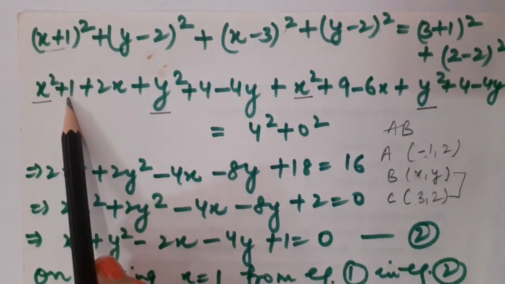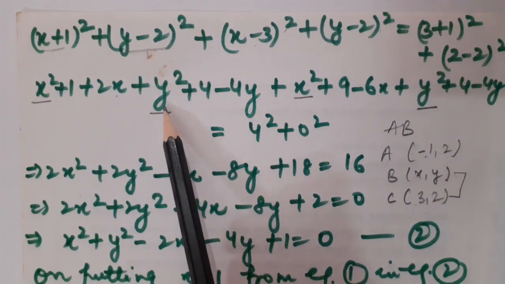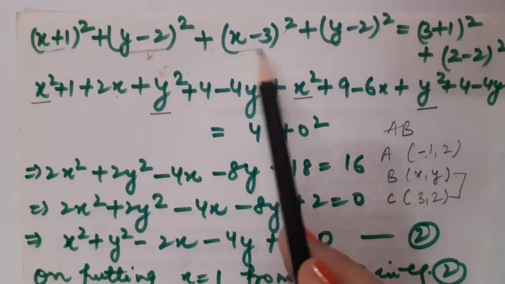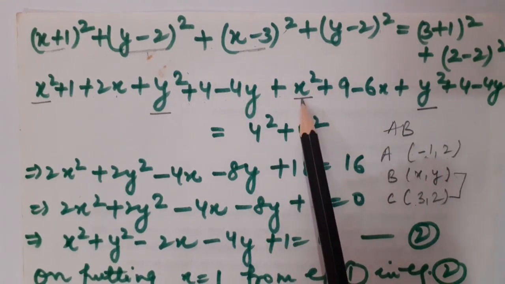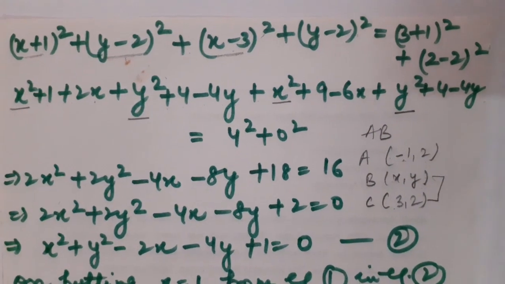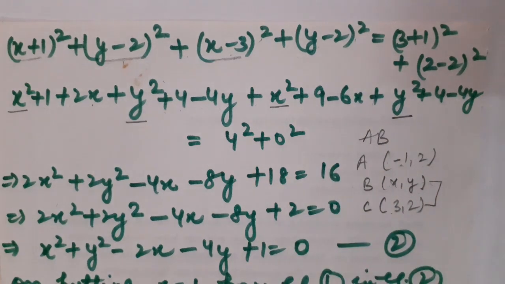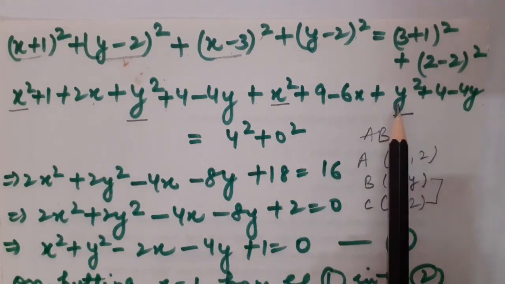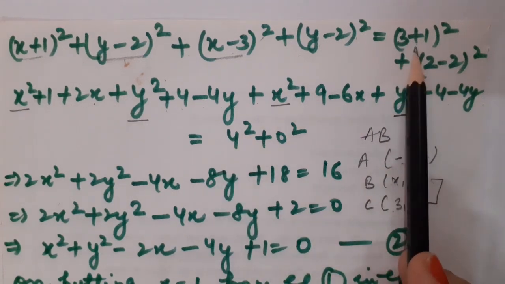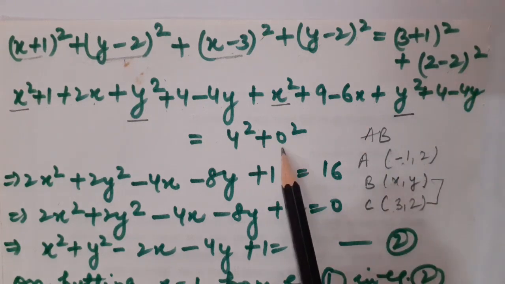It would be x square plus 1 plus 2x. Here apply (a minus b) whole square. It would be y square plus 4 minus 4y, plus again (a minus b) whole square. This is x square plus 9 minus 6x, plus apply on (y minus 2) whole square, that is (a minus b) whole square will be applied. It would be y square plus 4 minus 4y is equal to (3 plus 1) square, that is 4 square, plus (2 minus 2) square, that is 0.